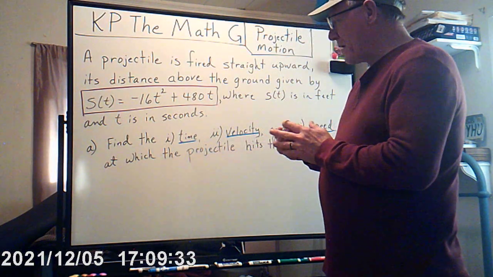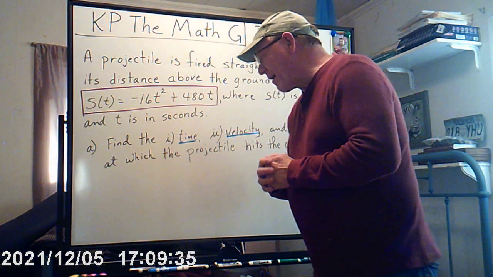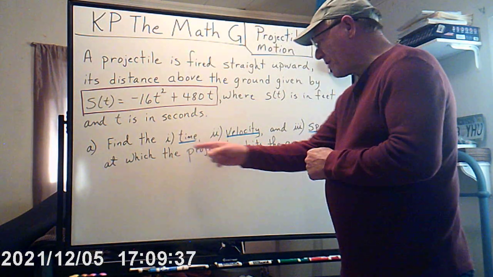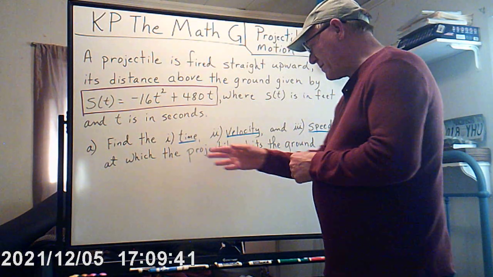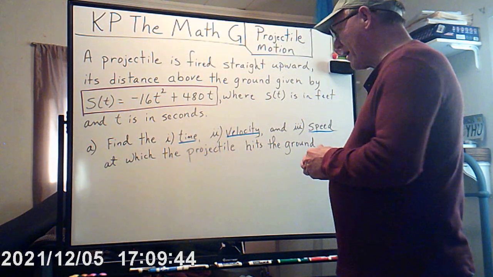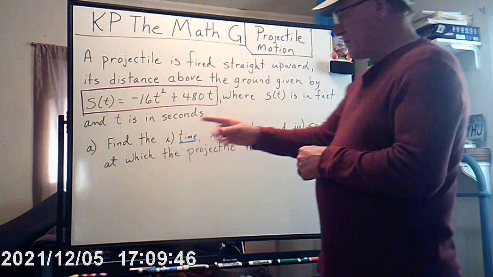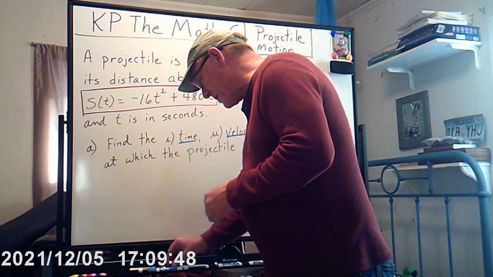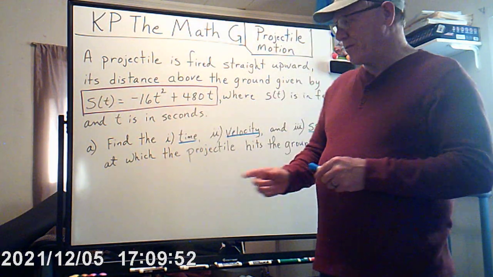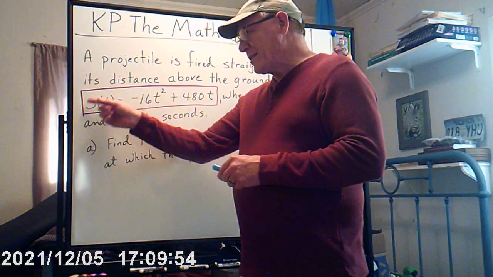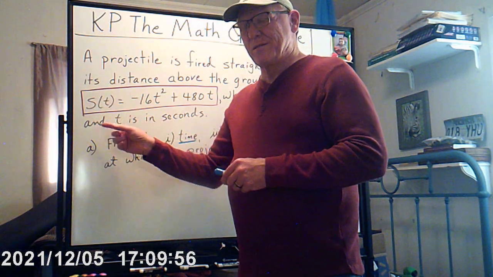Now we want to answer this first question: find the time at which the projectile hits the ground. Can you agree with me that the time at which the projectile hits the ground is when the distance is 0?